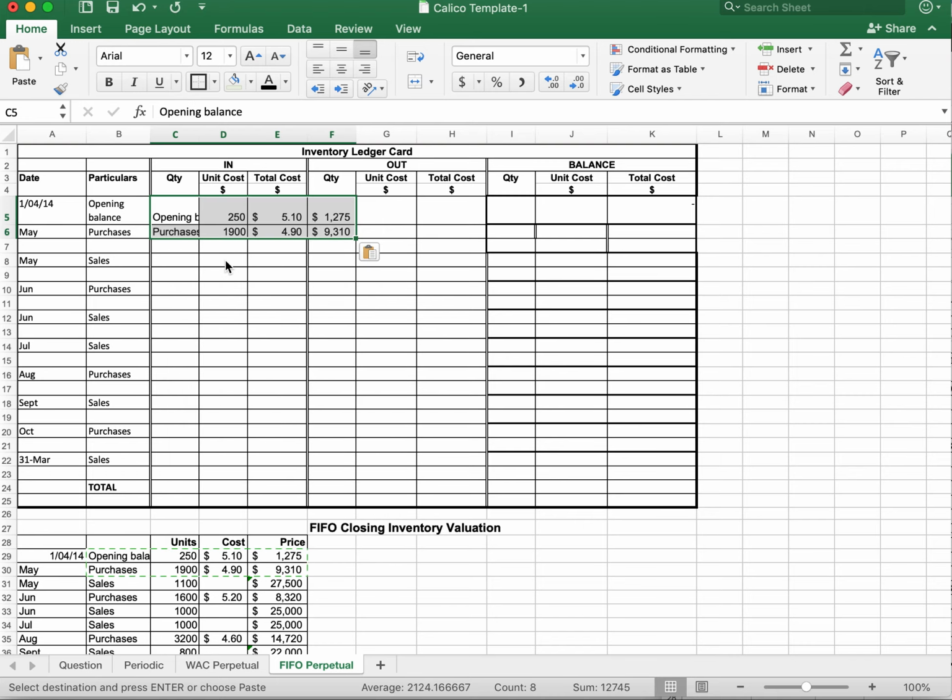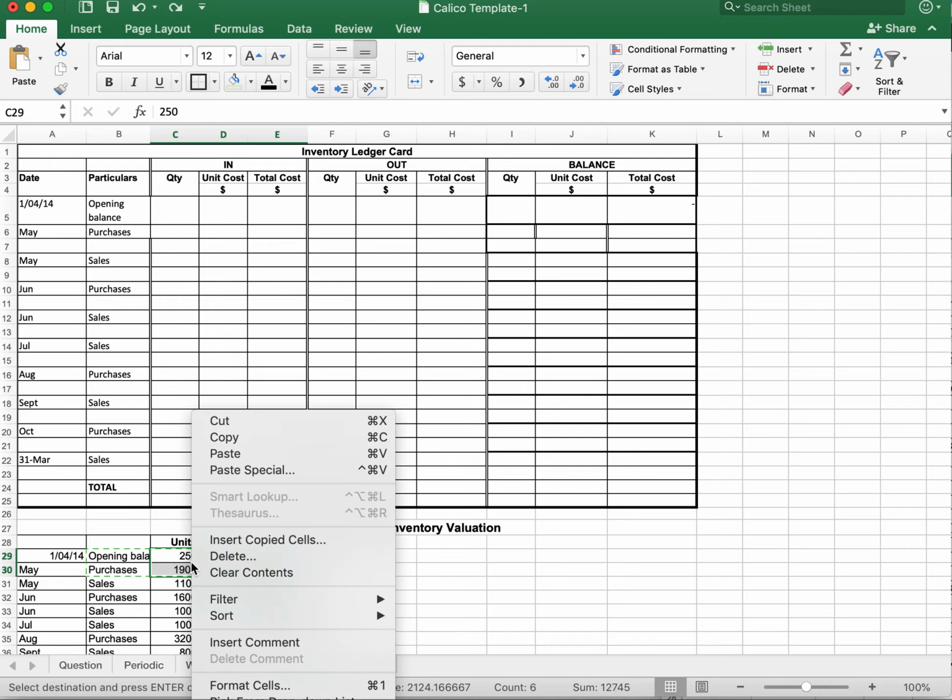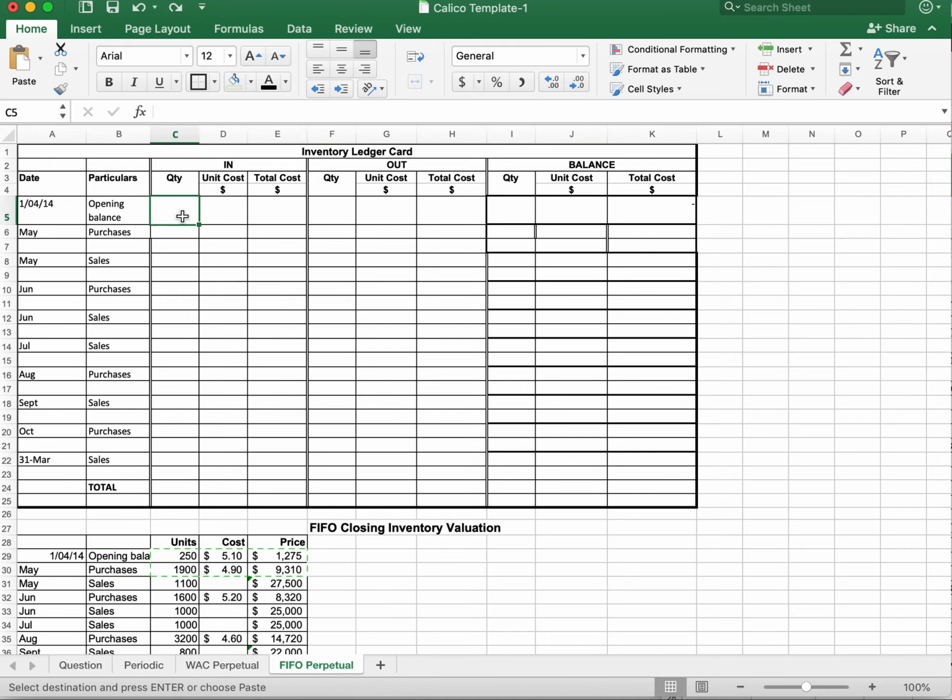That gives us a starting place. We can see that the opening balance was 250, we paid 5.10. This is where we need to keep a balance of what's actually happening.